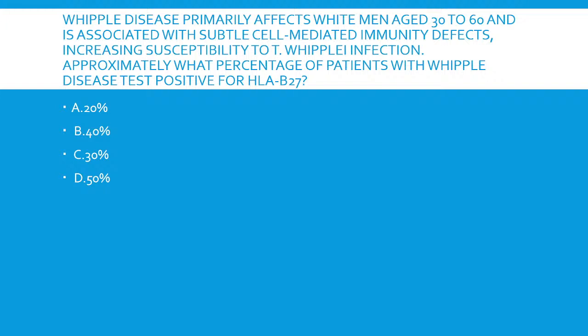Similarly, in Whipple's disease, HLA-B27 can be positive in about 30% of the cases, but still we don't consider the diagnosis of Whipple's disease unless other symptoms are corroborative to it.